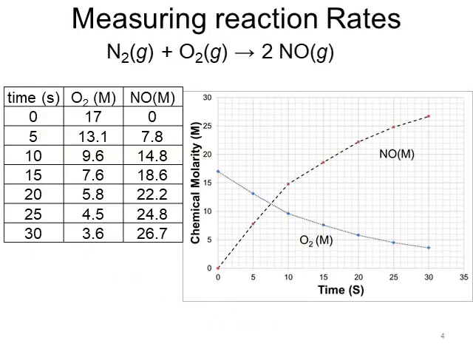So when we look at data that's collected over a chemical reaction, what we're going to get is the molarity periodically, in this case every 5 seconds, of both the reactants and the products. Now, what's annoying about this data is that we're not getting the actual reaction rate at any point in time. What we're getting is the average reaction rate over those 5 seconds.